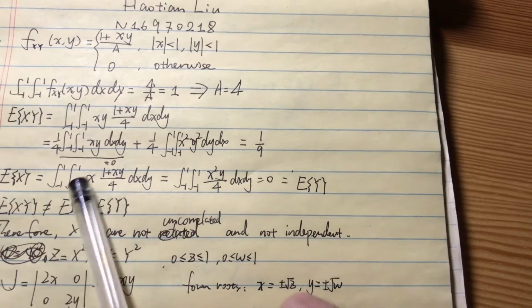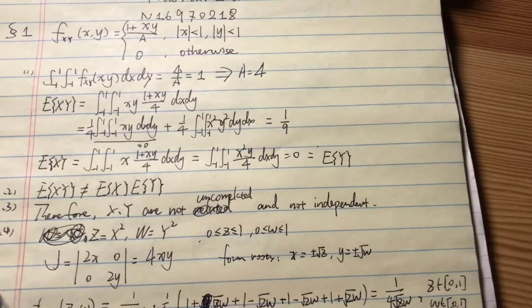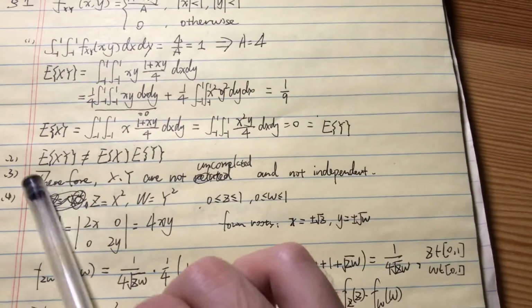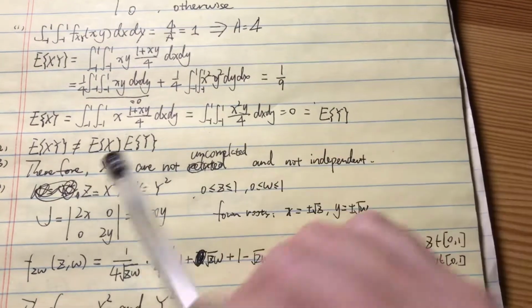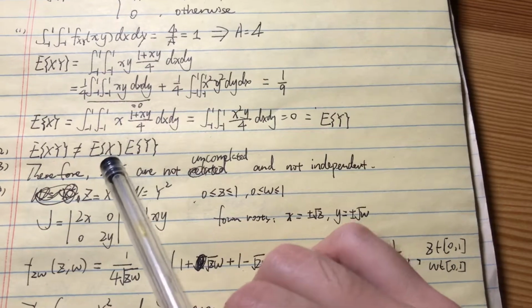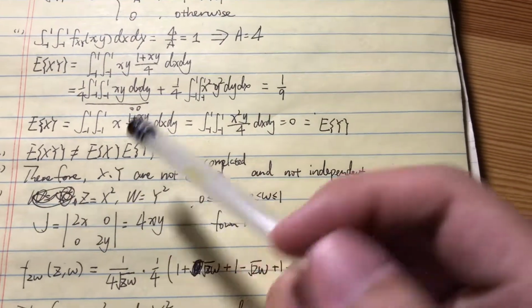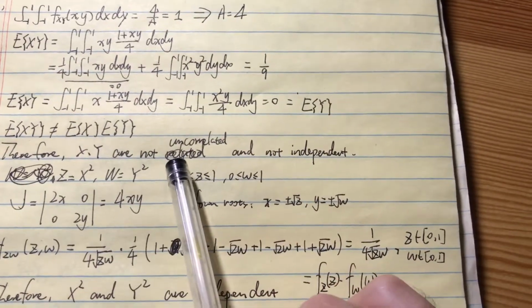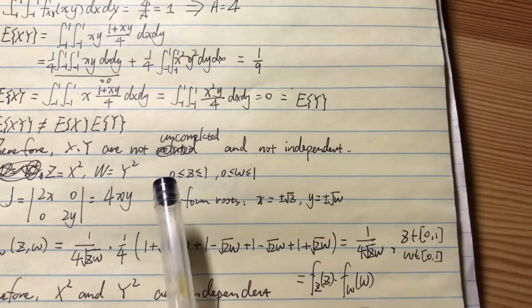So both of these two values are 0, and we have the mean of x times y is not equal to the mean of x times the mean of y. So the variable x and the variable y are not uncorrelated, so they are not independent.